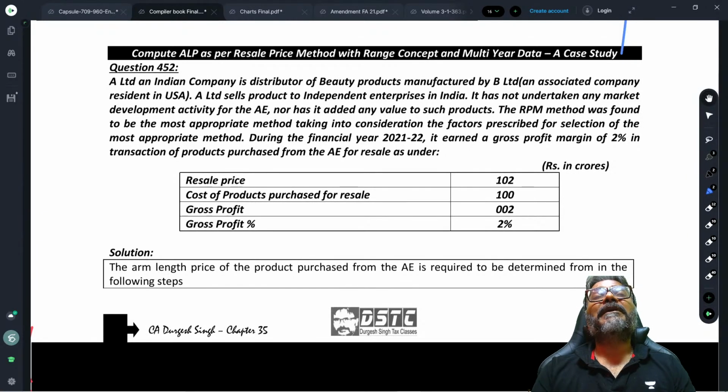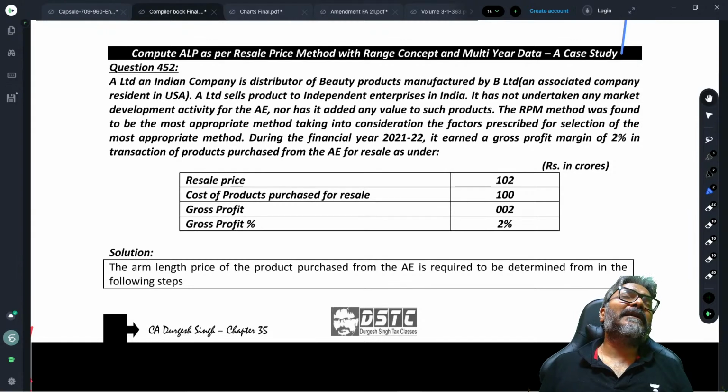So both sets of comparable information were given to us, isn't it, students? But I told you specifically to please ignore the last year data. The question was of the CUP method, and I told you specifically not to consider the last year data, to ignore it and only focus on the current year data.